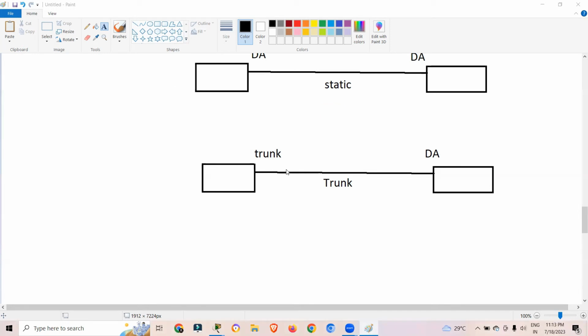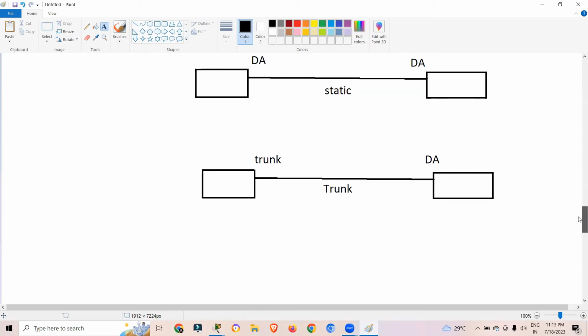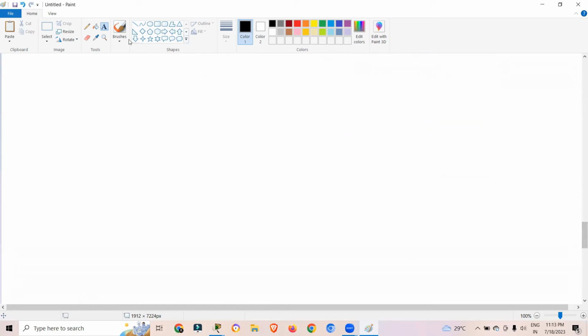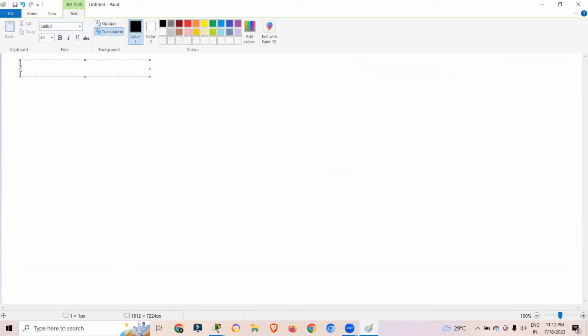So, dear, no question. We have some other properties of this DTP protocol, like what is the size of the header.